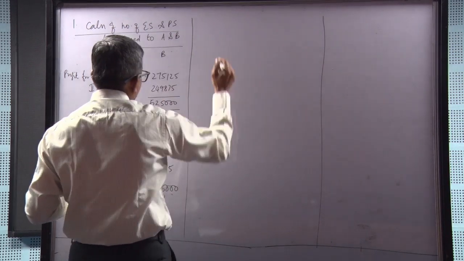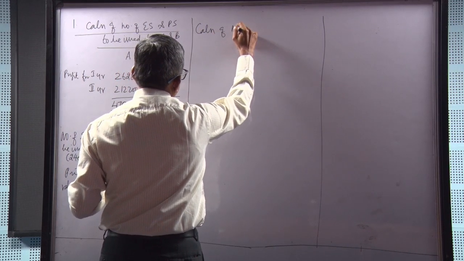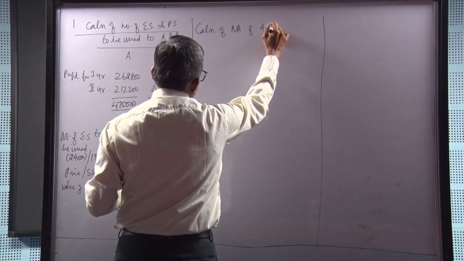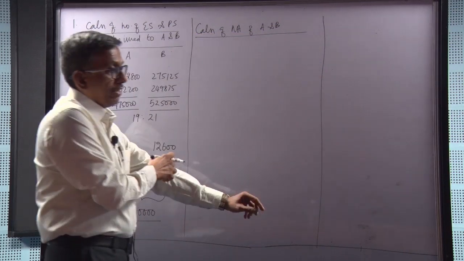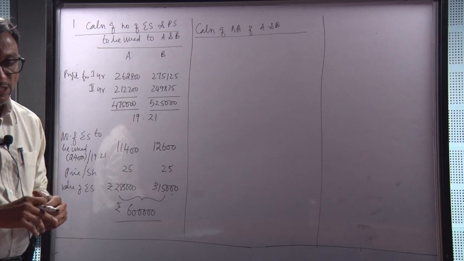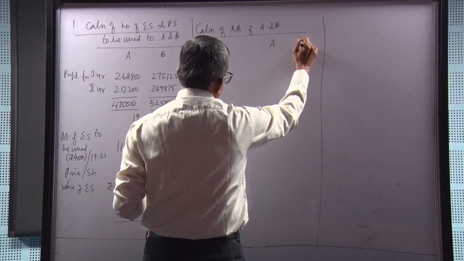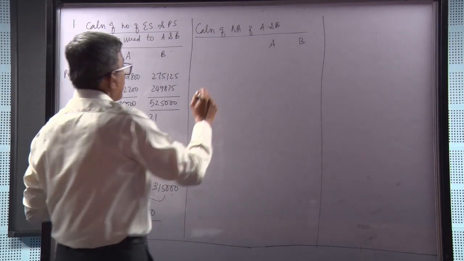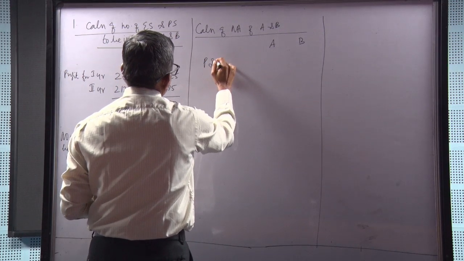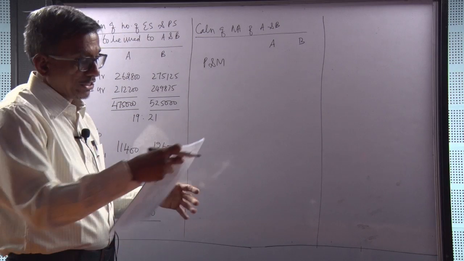Okay. Now therefore, let us now calculate net assets of A and B. From that we will know what is the value for which preference shares should be issued. After revaluation, plant and machinery is taken over subject to some revaluation.